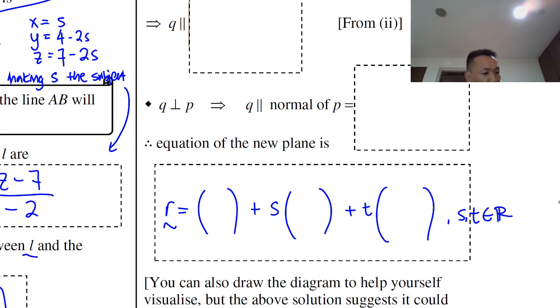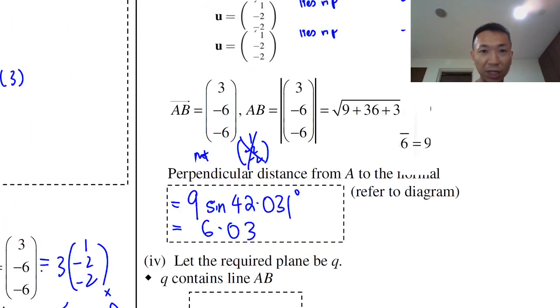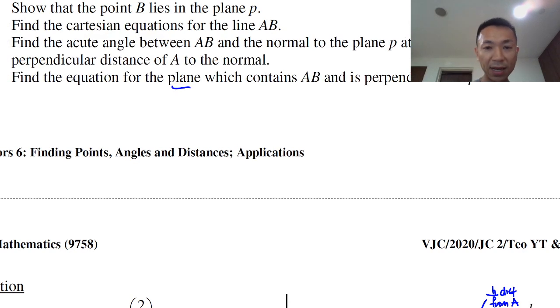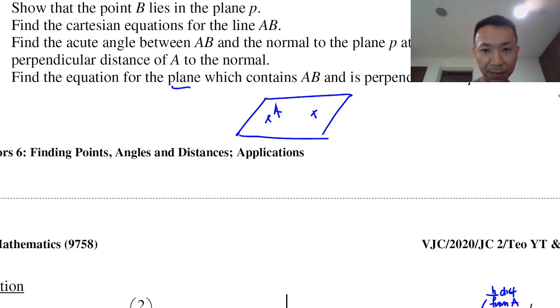So, are we able to very quickly write down what is this here? This is a position vector of one point on the plane. I repeat, this is a position vector of one point on the plane. Do we know one point on the plane? Of course, because the question says that the plane must contain AB.